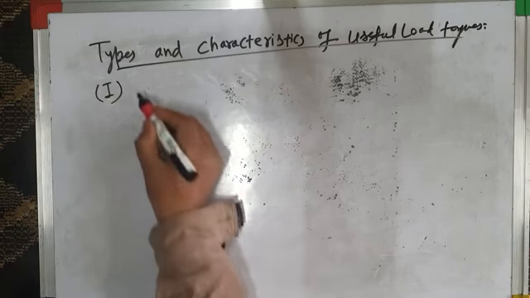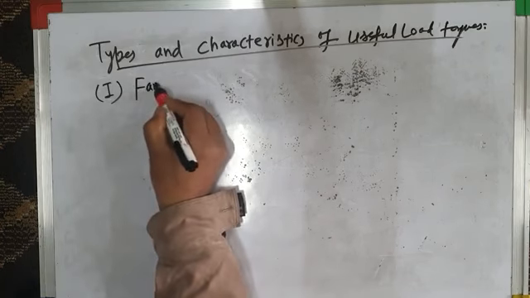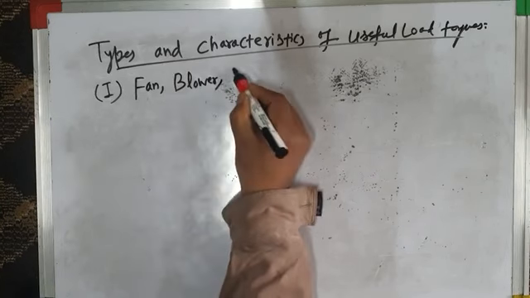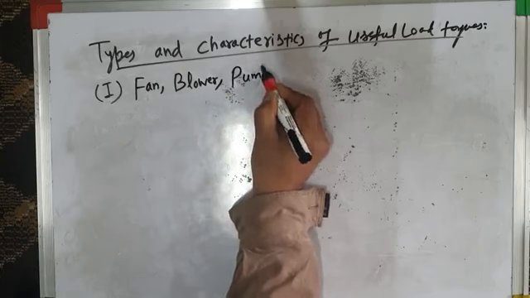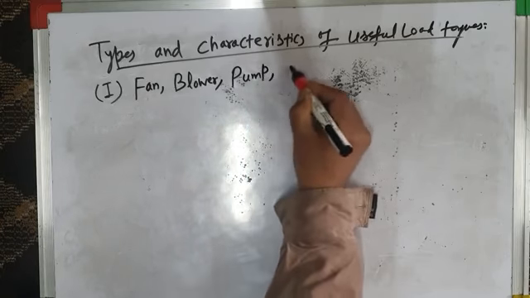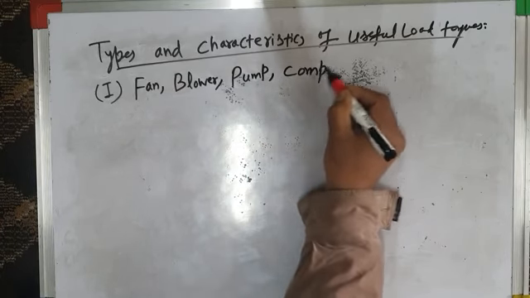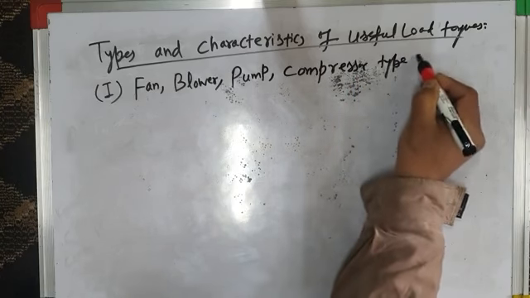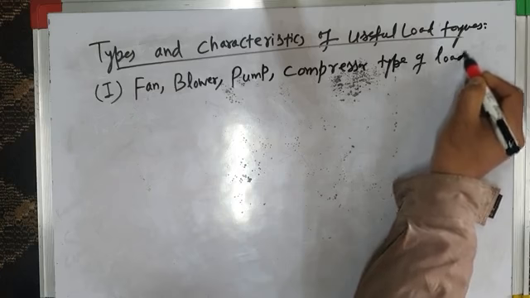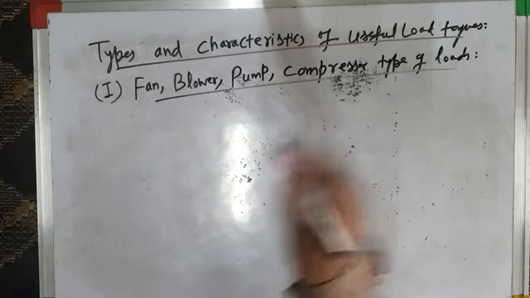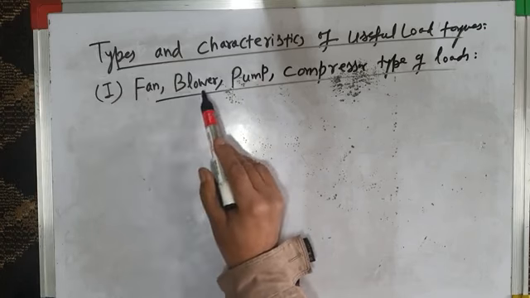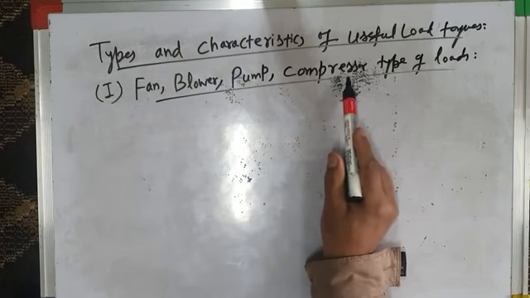The first type of load is fan type load, blower type load, centrifugal pump, or I can write pump type of load, and compressor type of load. So this is one category of loads, very common in our households and also in industries. Fan load, blower load, pump load, and compressor load.